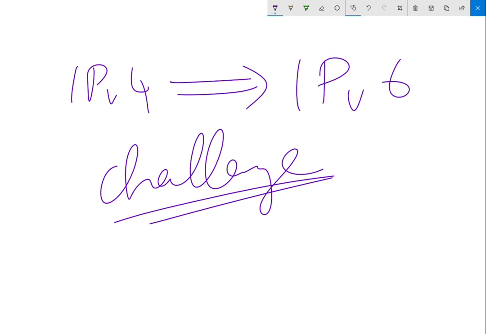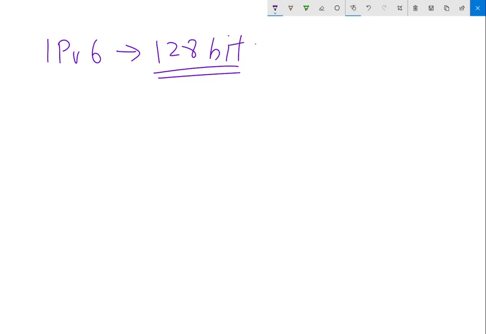So with this introduction, I will move further and give you a clear picture of what IP version 6 is all about. Like I was previously telling you, IP version 6 is 128-bit. When I say 128-bit, it is of big size.